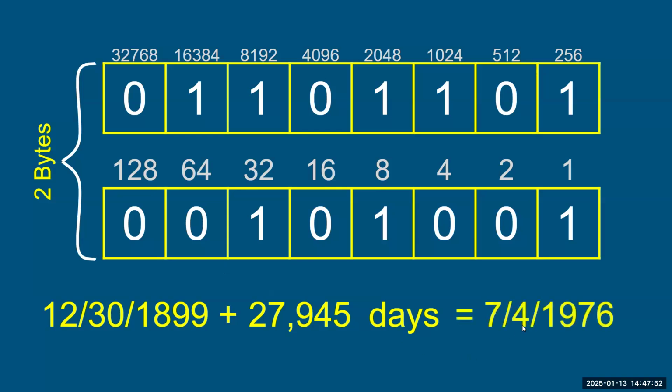And that equals July 4th, 1976. That's how that's stored in VBA, the number of days after or before that date. Basically, I think VBA just picked a random date. But that's the date they use.